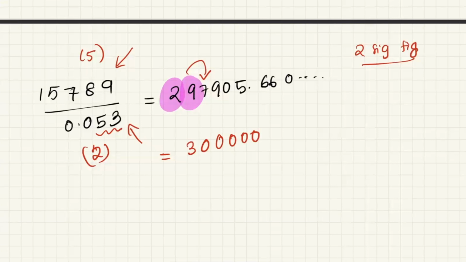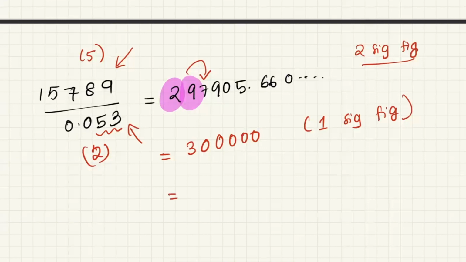So kind of 300,000. But the problem when you do this is it's just 1 sig fig, right? So how do you change this 1 sig fig to become 2 sig fig?